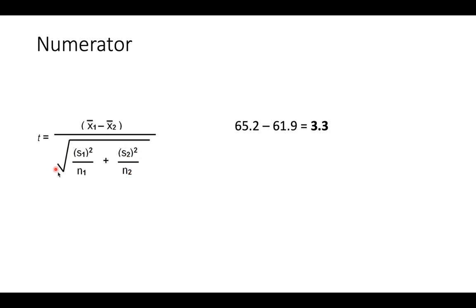What our denominator tells us is whether or not 3.3 beats per minute is a substantial amount of variability. Because the denominator is going to tell us how much variability we should expect on average just from random sampling.